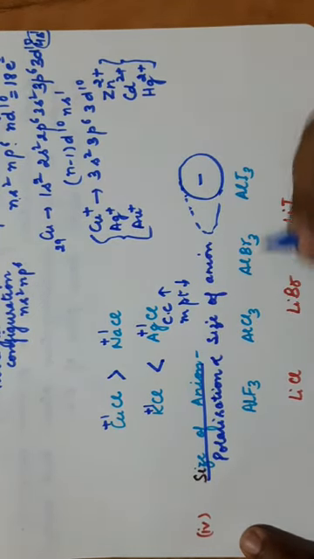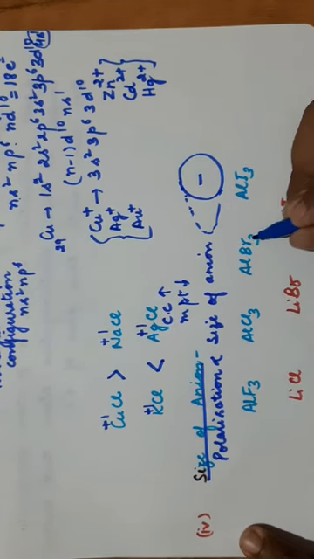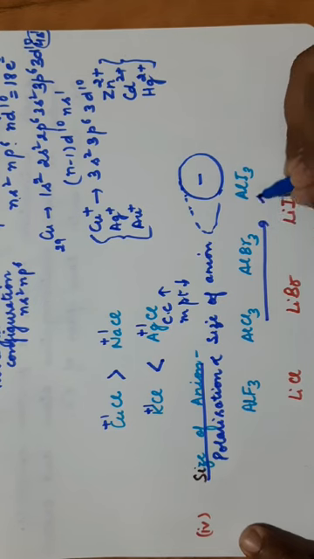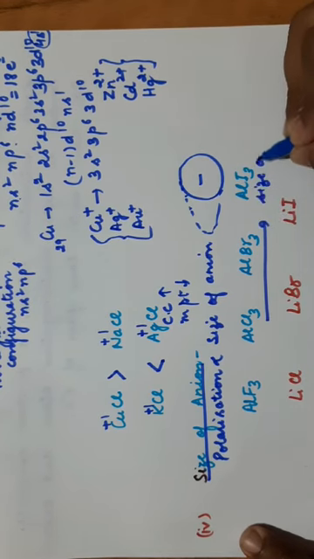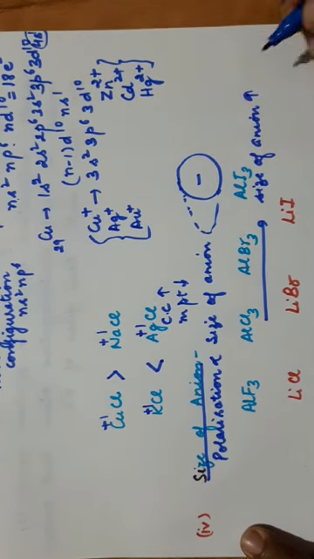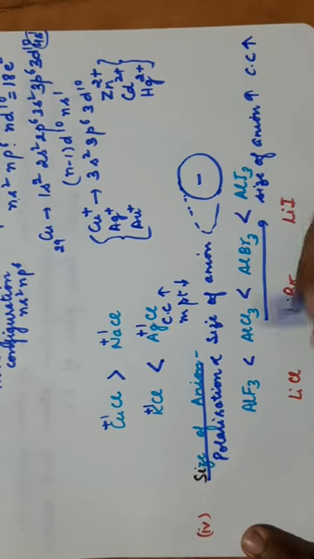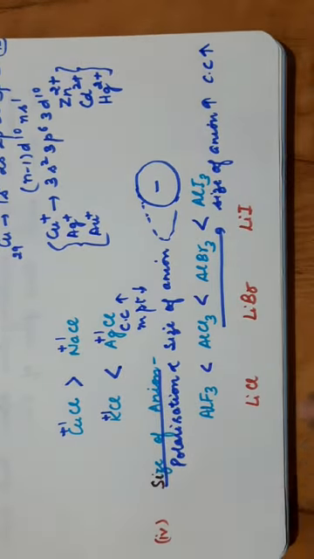So if we discuss in these, aluminum is common. Now F, Cl, Br and I. Size of anion increases. Size of anion increases means polarization will increase, so covalent character will also increase. So this is the order of covalent character. Clear?